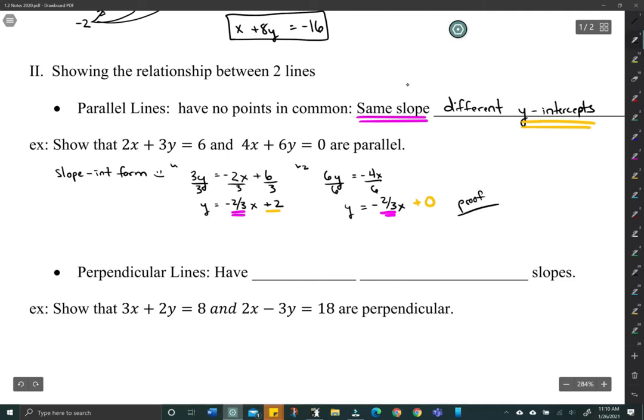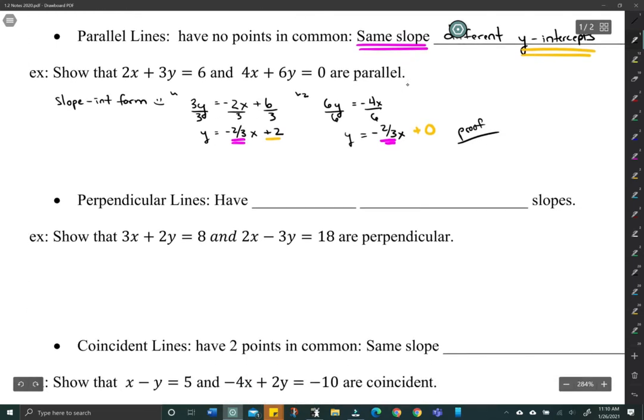Perpendicular lines, okay, they have opposite reciprocal slopes. Opposite reciprocal, which means if one slope is 1/2, its perpendicular is negative 2 over 1, the opposite reciprocal.